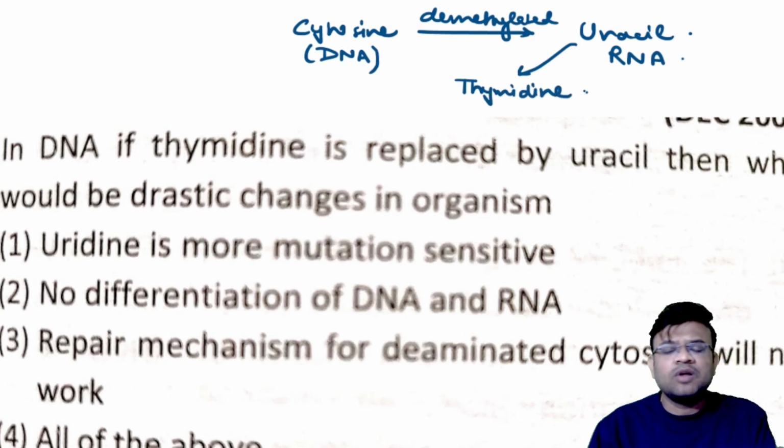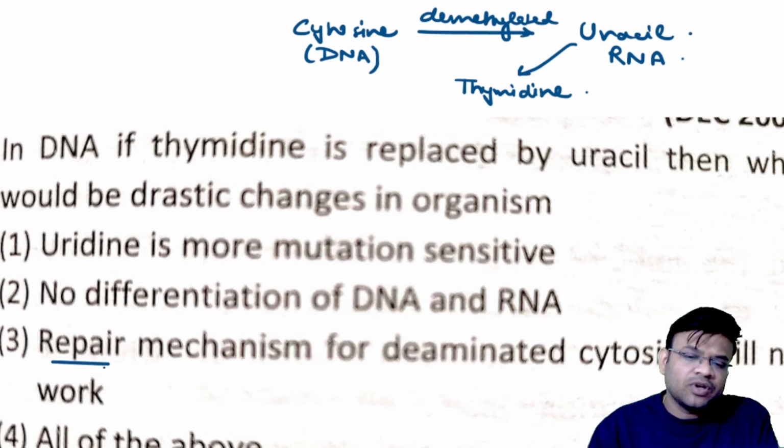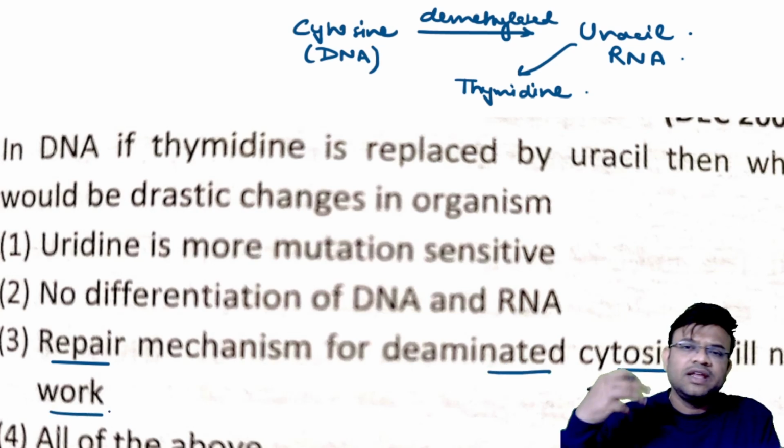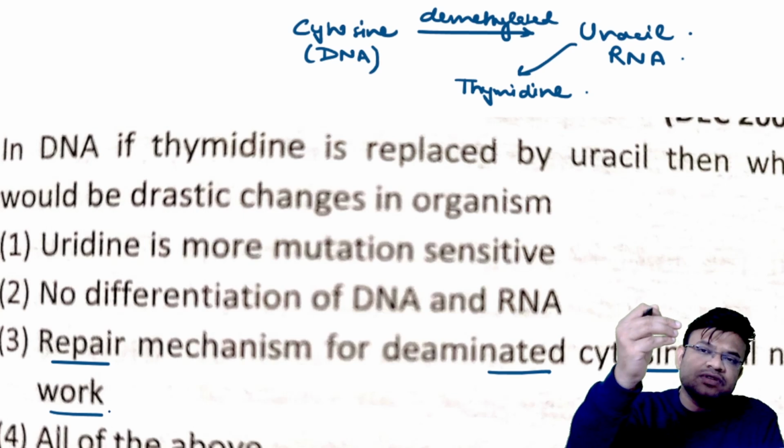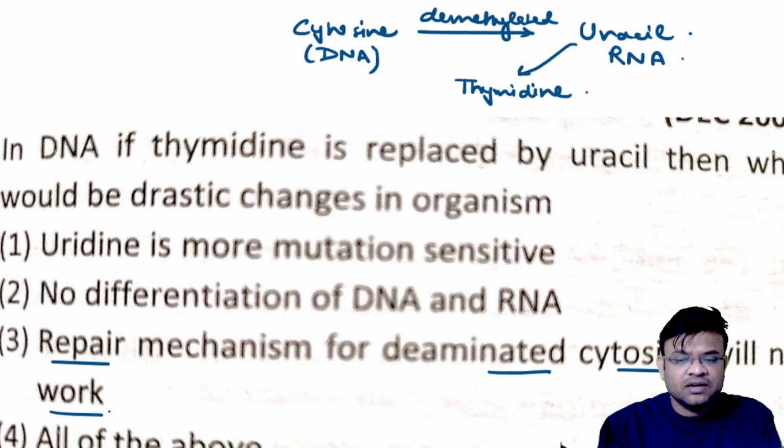So what is the problem? If uracil is attached in the DNA, then what is the problem? The biggest problem would be the repair mechanism. Why? Because repair mechanism for deaminated cytosine will not work. The repair system will not be able to differentiate if the cytosine has been deaminated.